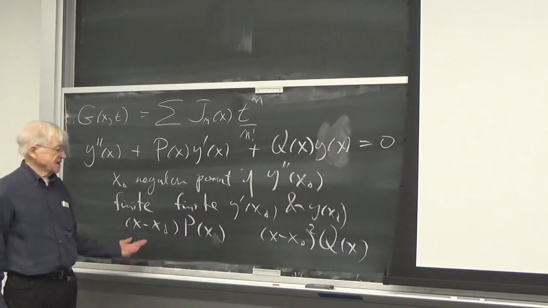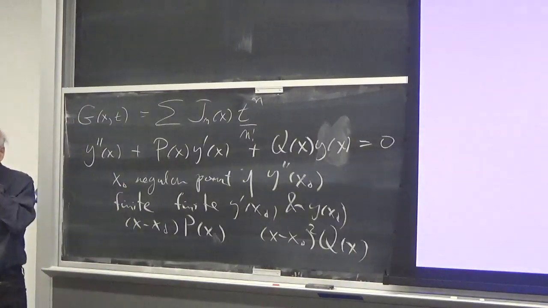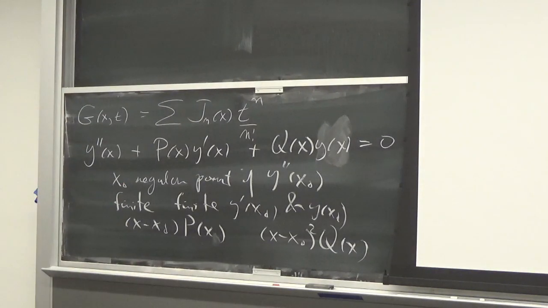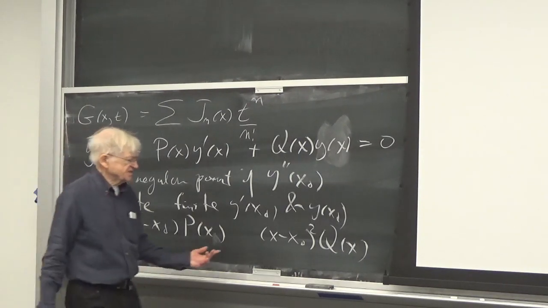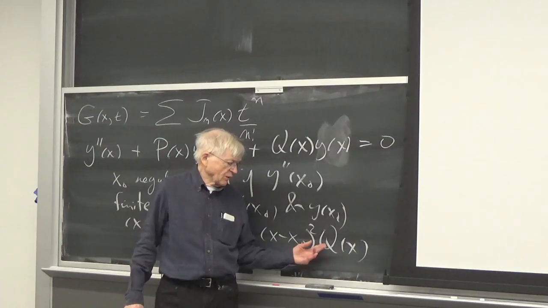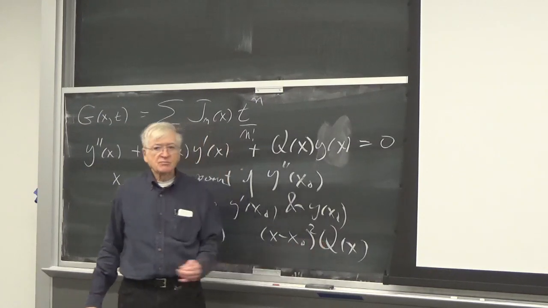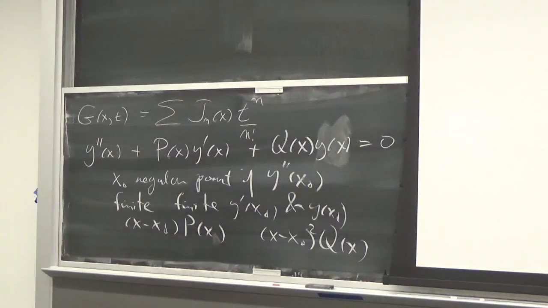And the essential singularity is when you just can't get y double prime to be finite, at least not under these conditions. So this says that q may diverge as 1 over x minus x0 squared, but not worse than that.